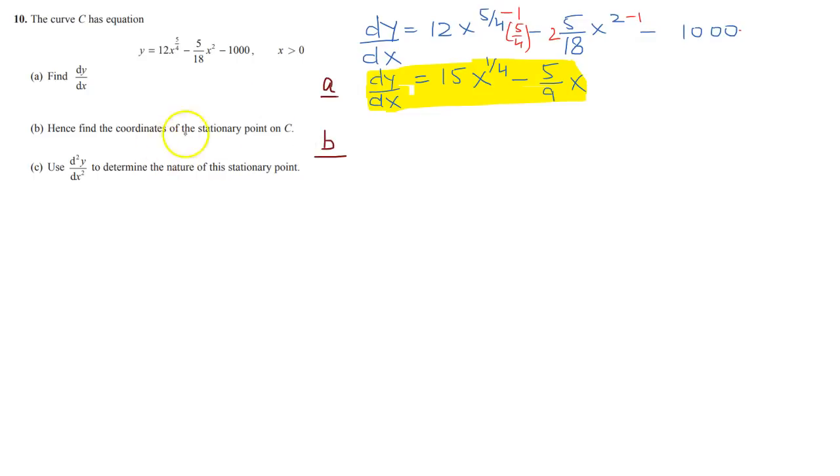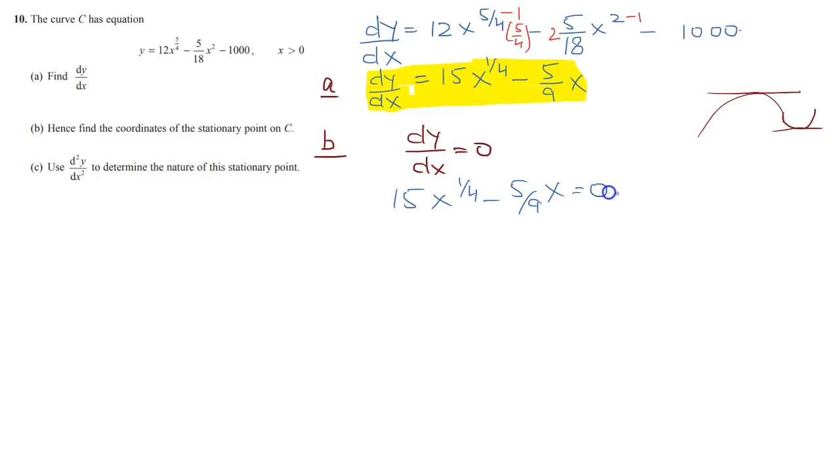Part B is hence find the coordinates of a stationary point. So these are the stationary points, maximum or minimum or any. So for stationary points, we know dy over dx is 0, there's no slope of this line. So it means 15 x to the power 1 over 4 minus 5 over 9 x is equal to 0.